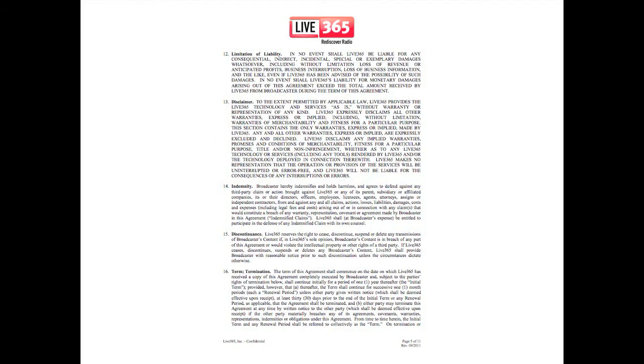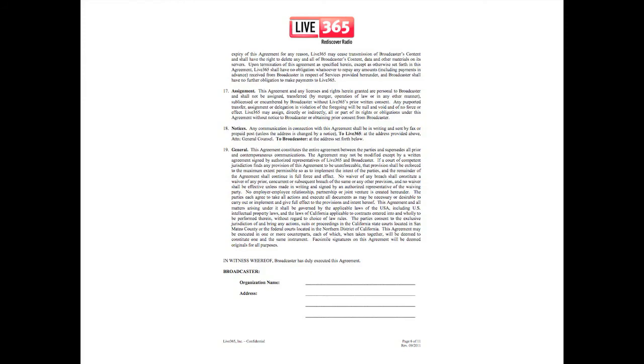When you come to page 6 at the bottom, we'll want your organization name or your name, your address, and on page 7, we'll conclude with a signature, a printing of your name and a title if you have one, and a date. And the next page, you'll see Schedule A, which refers to the Professional Broadcasting Rate Card, which we've already filled out at the beginning of this tutorial.